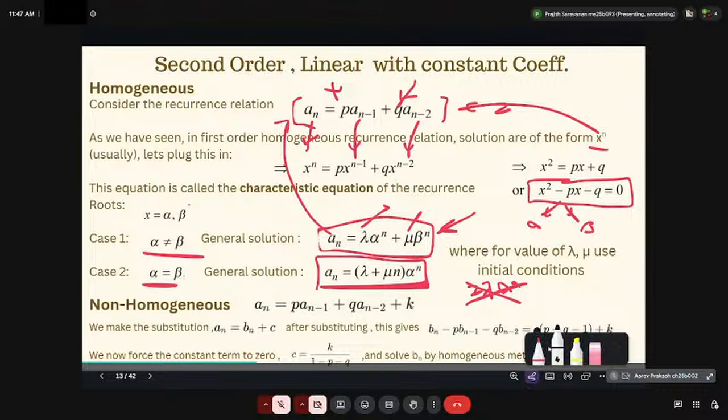In general, for non-homogeneous questions, this substitution works. If we make the substitution here, b_n is another sequence. We can simplify that and you will get this expression.